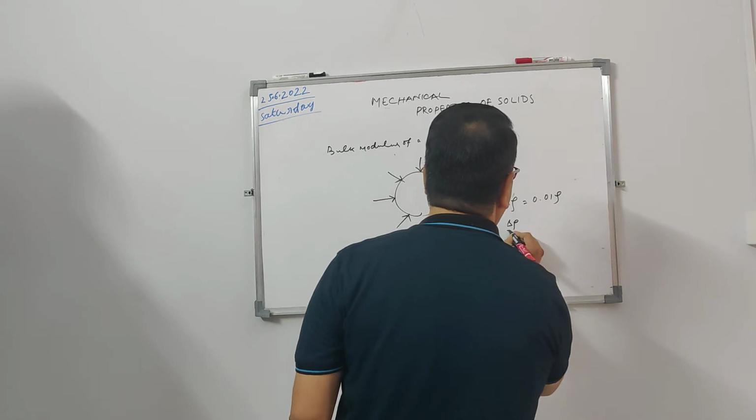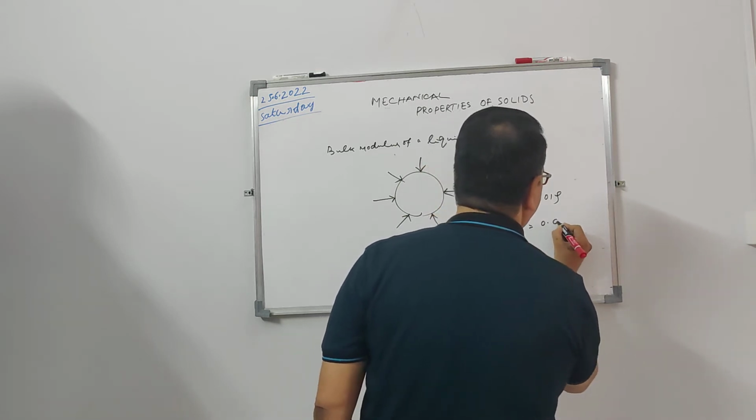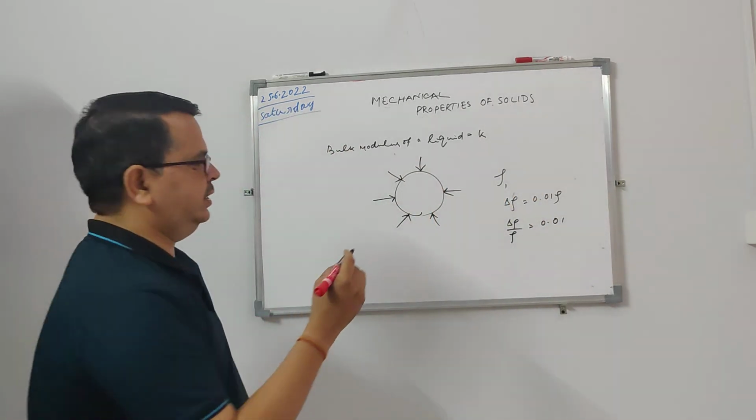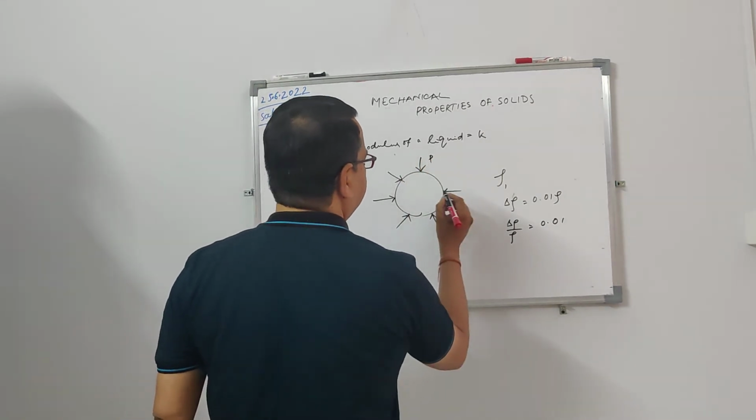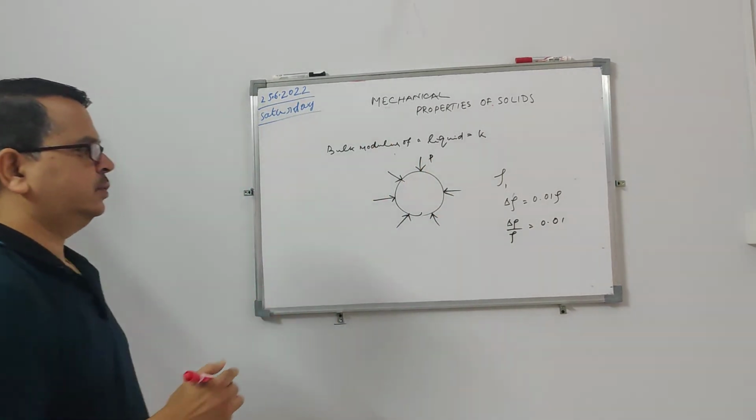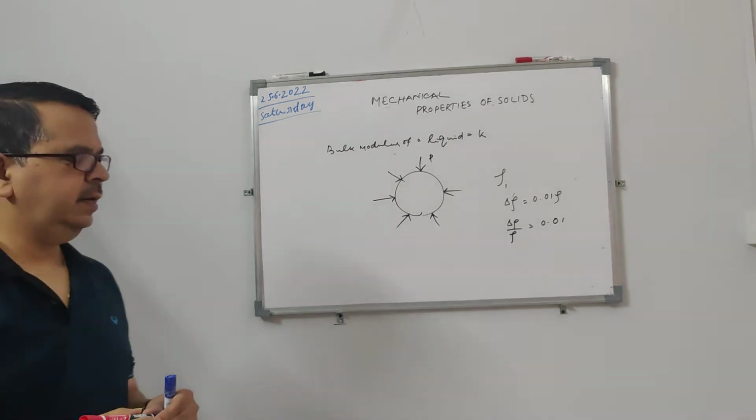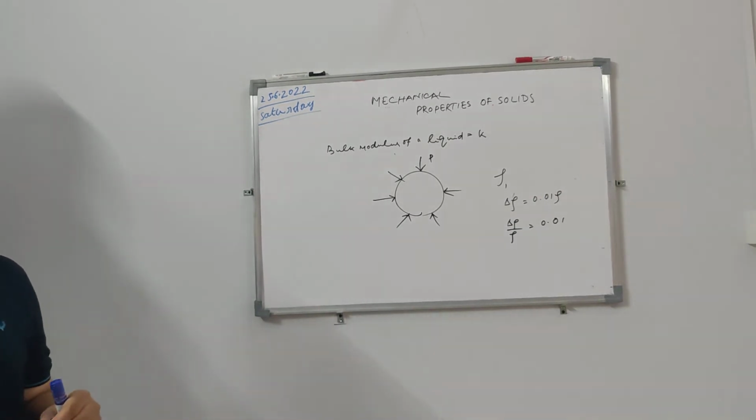So delta rho by rho is equal to 0.01, as you are compressing this liquid by pressure P.